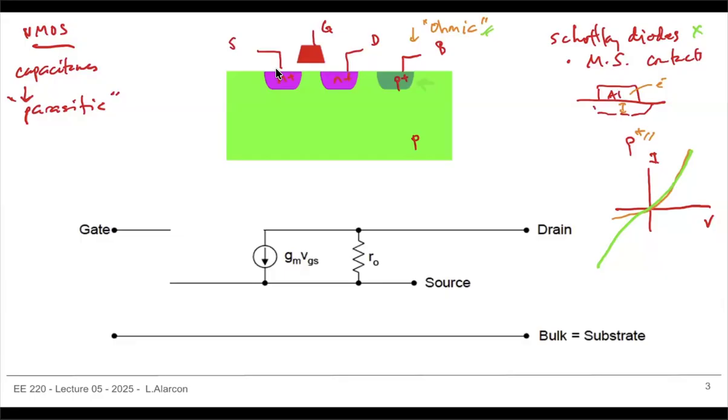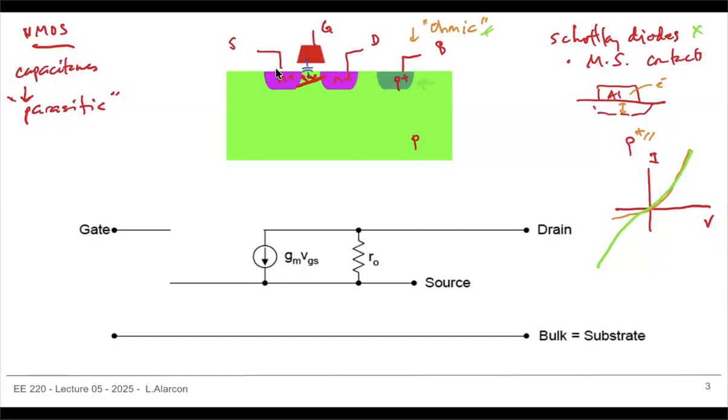And you probably remember the largest capacitance you will see is our gate to source. So it's normally gate to source because we're assuming that you do have a channel in normal operation, right? You have a channel, and then you have this capacitance just because of the very thin oxide layer, right?